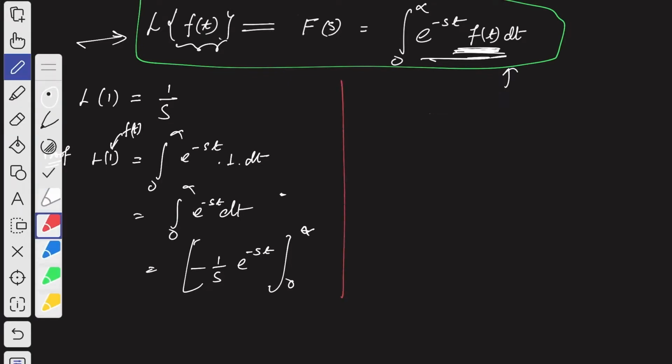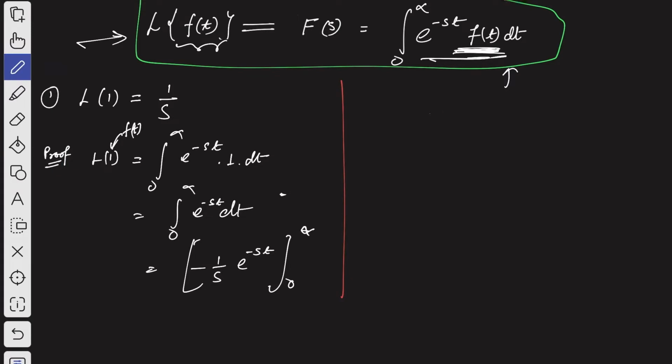Here you see, if you put these limits here, first if you put the upper limit, that's going to be infinity, e to the power minus infinity, right? And e to the power minus infinity becomes 0. Then minus, if you put t equal to 0, then s into 0 is 0, so e to the power 0, and we know anything to the power 0 is 1, so here we will get minus 1 by s into 1, right?